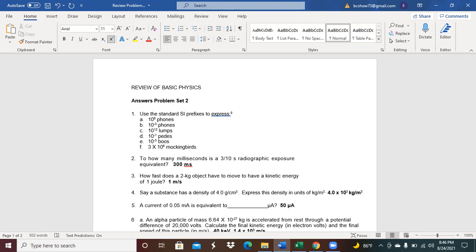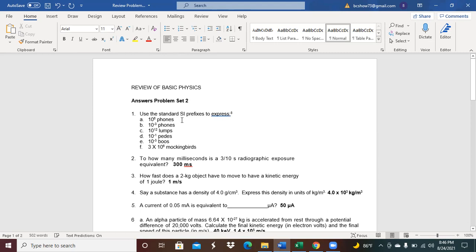So let's change this. All right, so let's go through these 13 problems and see what we have for us here and how we might be able to work through these. So let's use the standard SI prefixes to express this.